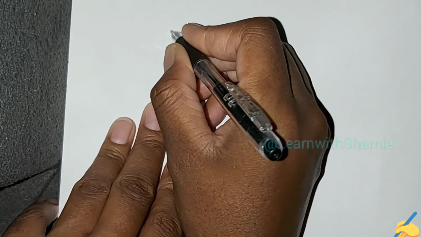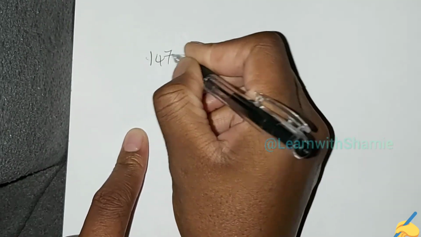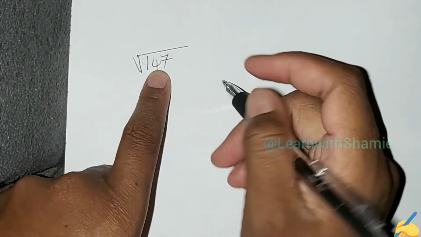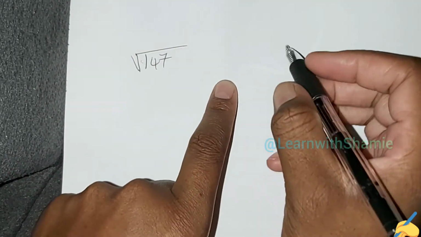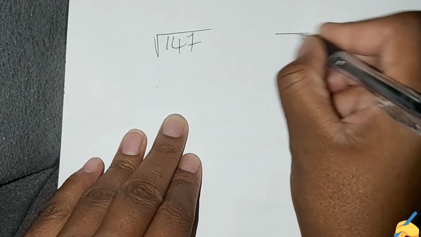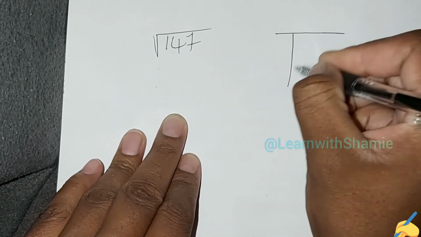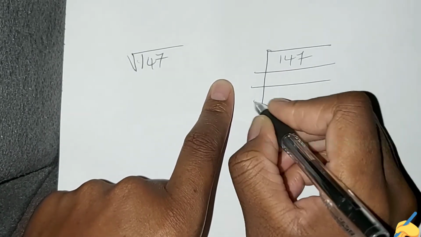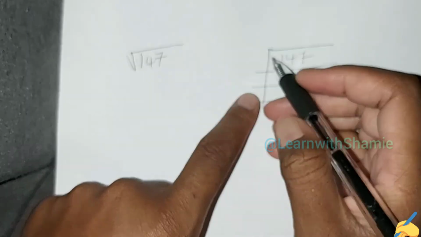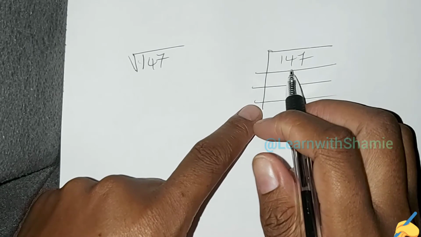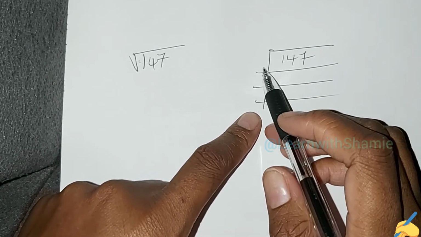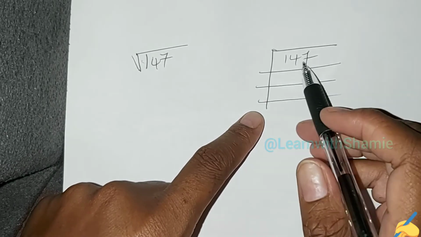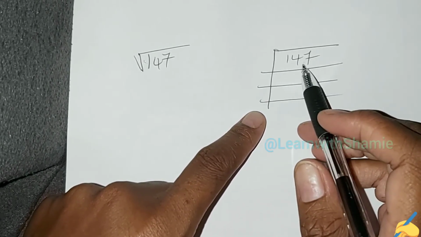For example, 147. So to find the square root of 147, you'd have to know the factors of 147. So if you don't know the factors, let's find the factors of 147. In order to find the factors of 147, you start dividing by the smallest prime number, which would be 2. So 2 cannot go into 147 without leaving a remainder.